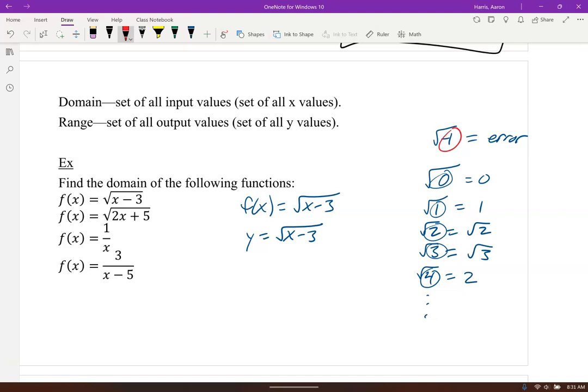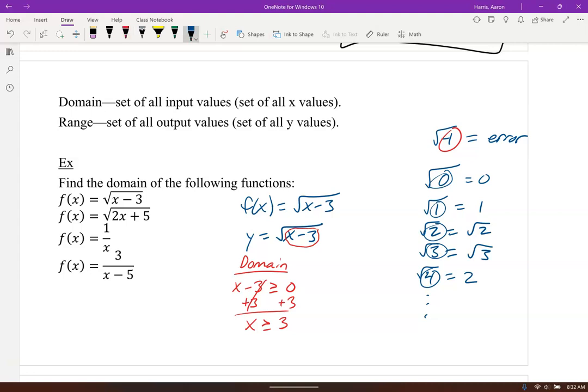So when you see a square root, what you want to do is take whatever's underneath, and for your domain, say that's got to be greater than or equal to 0. And then you solve for x. So x has got to be greater than or equal to 3. So that's your domain.